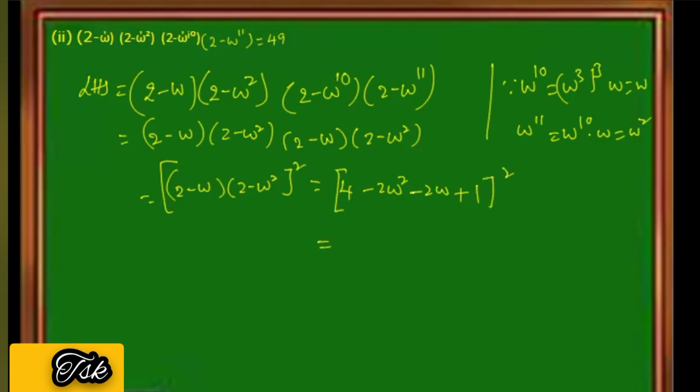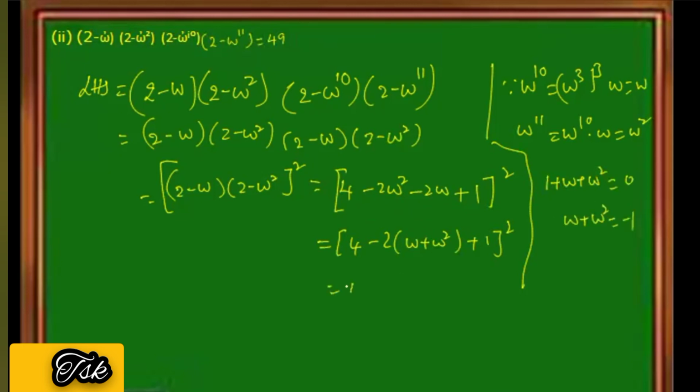When you consider this, it is (4 minus 2 into (omega plus omega square) plus 1) whole square. Since 1 plus omega plus omega square is equal to 0, omega plus omega square is minus 1. So it is (4 minus 2 into minus 1 plus 1) whole square. That is nothing but 7 square, which is 49. That is RHS.